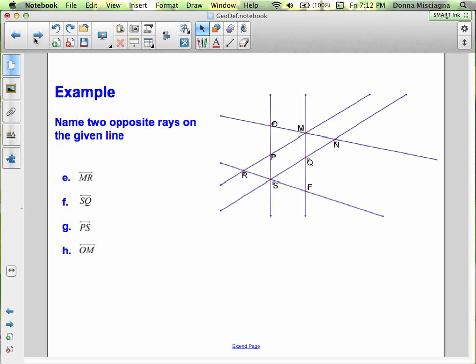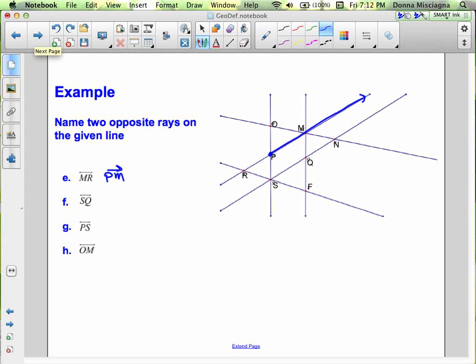All right, so let's answer a question together. Name 2 opposite rays on the given line. The line we're looking at is MR. You've got to have a common endpoint. My common endpoint is going to be right here at point P. I have this ray, PM, and then I'm going to use a different color, this ray right here, PR.